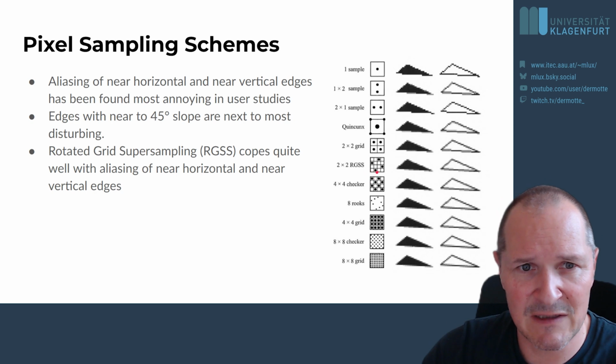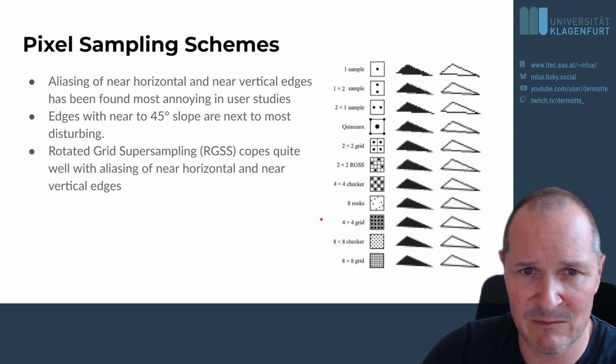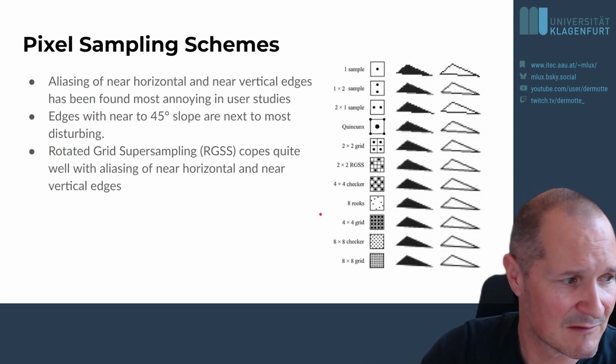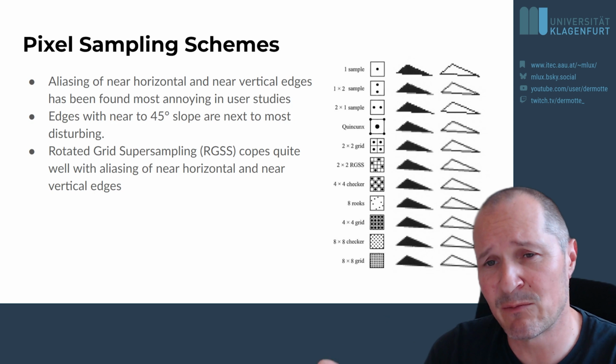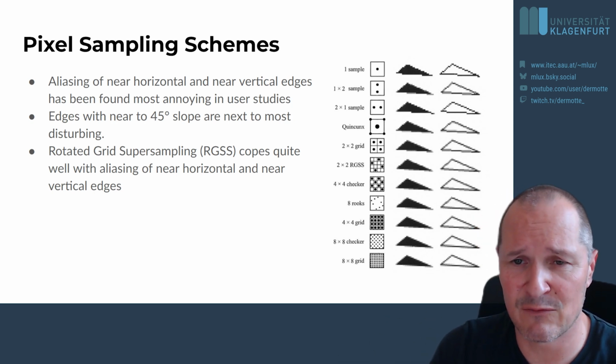Then there is the rotated grid super sampling here, also great, 4x4 checker, and you can go down to super sampling with 8x8, so that puts 64 images rendered. You really want to do that maybe for a static image or something like that, or if you want to pre-render a movie, a cutscene, then this would be something, but it's rather prohibitive for real-time rendering.